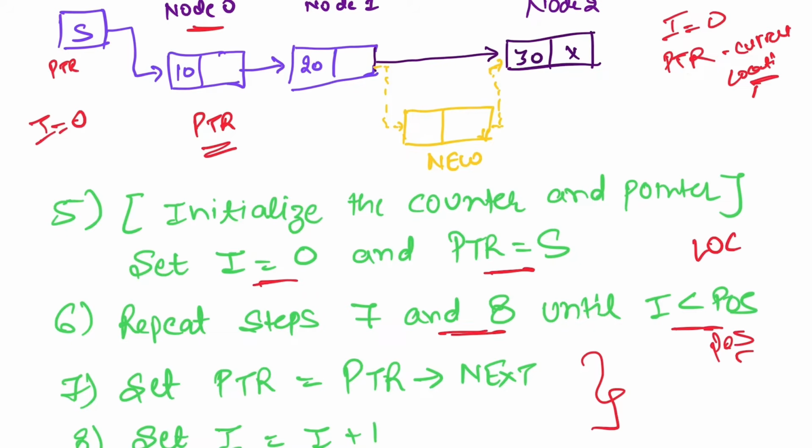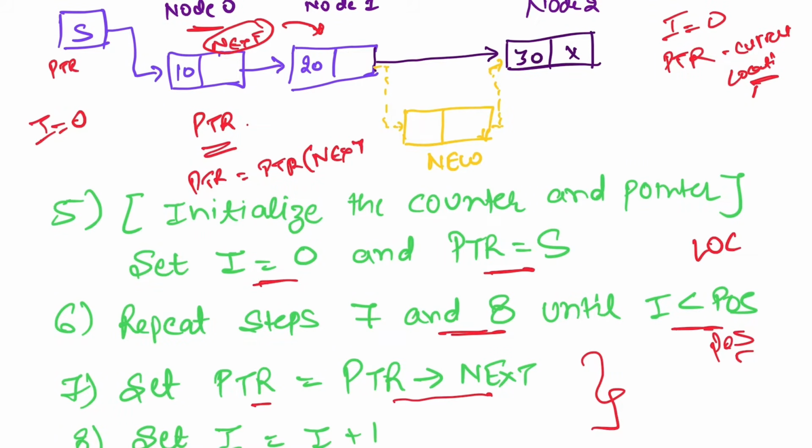According to this, I will set my pointer equal to pointer next, right? The next here is having the address of node 1. So I will put my pointer equal to pointer next.